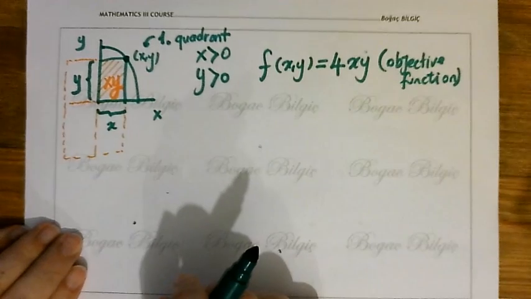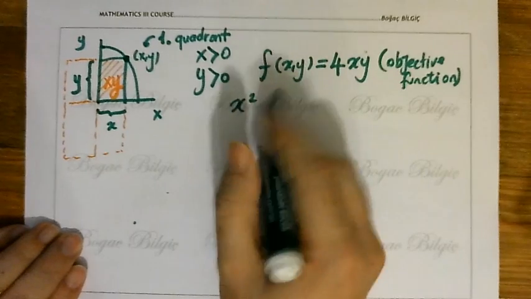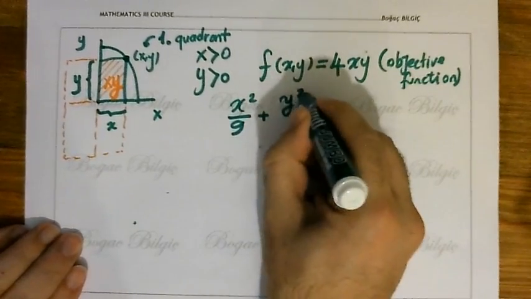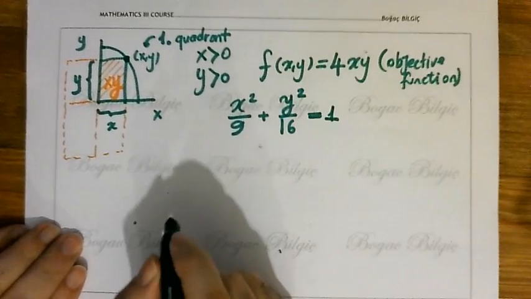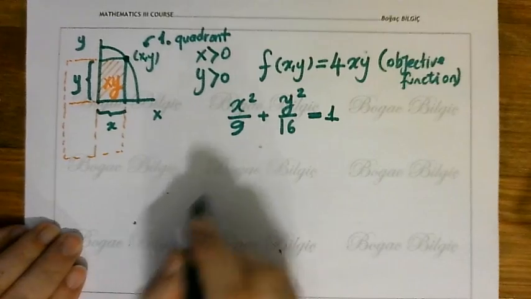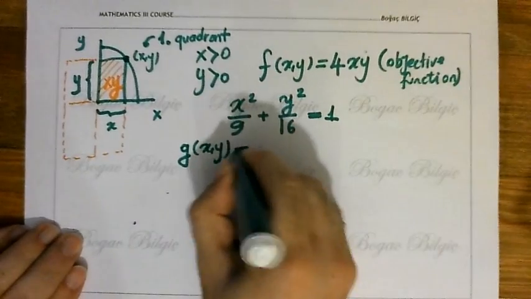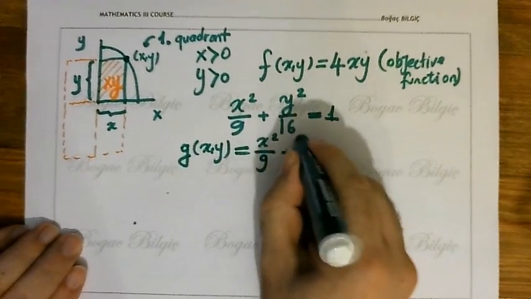Your choice of (x, y) is restricted to first quadrant points that lie on the ellipse. The ellipse equation is x squared divided by 9 plus y squared divided by 16 is equal to 1. This is the constraint equation g(x, y), this ellipse equation.